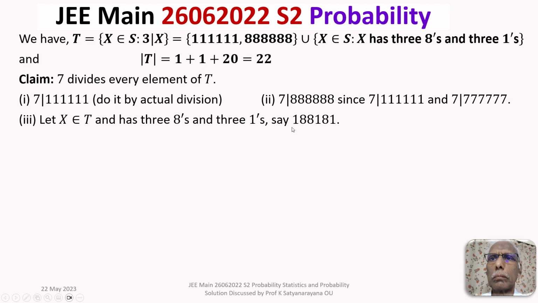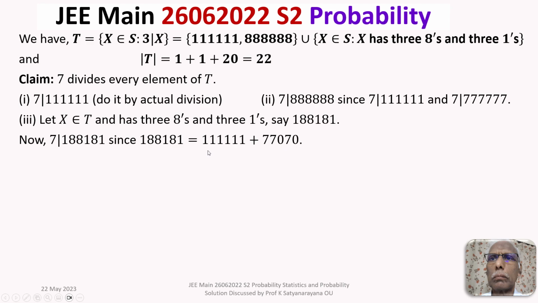For example, you take this number 188181. This has 3 8s and 3 1s. Therefore, this is divisible by 3 and is also divisible by 7. How do you say that? Now 7 divides this number. Why? Because this number is the sum of all ones, 1 1 1 1 1 1, plus 7 7 0 7 0.